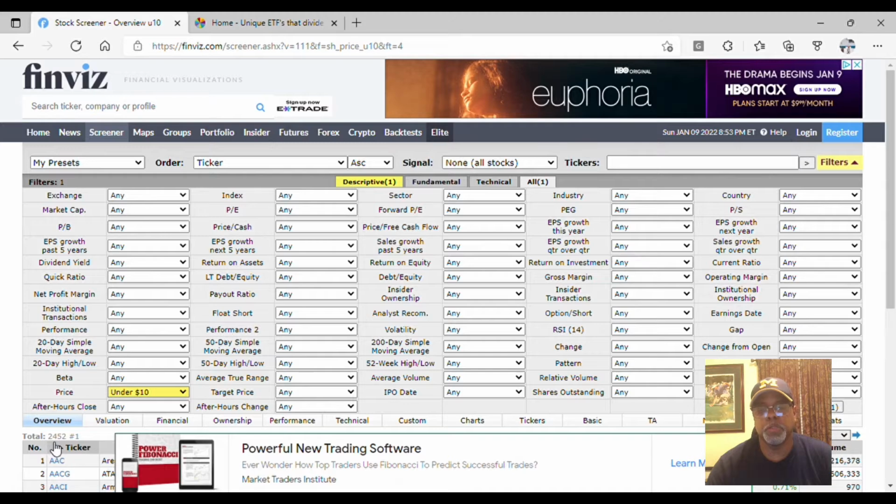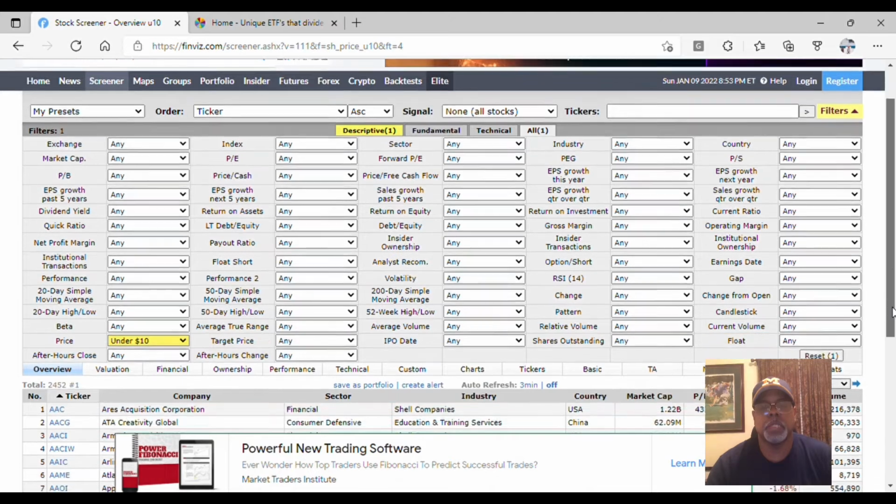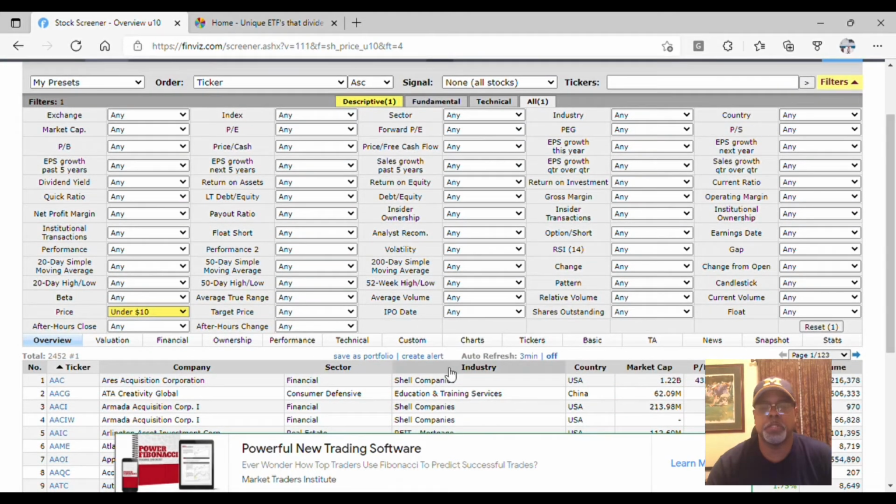Then what you want to do is come over here and you want to look at the volume. You want to look at the average volume here in the third column. Let's say we'll look at stocks that have over 500,000 in volume.